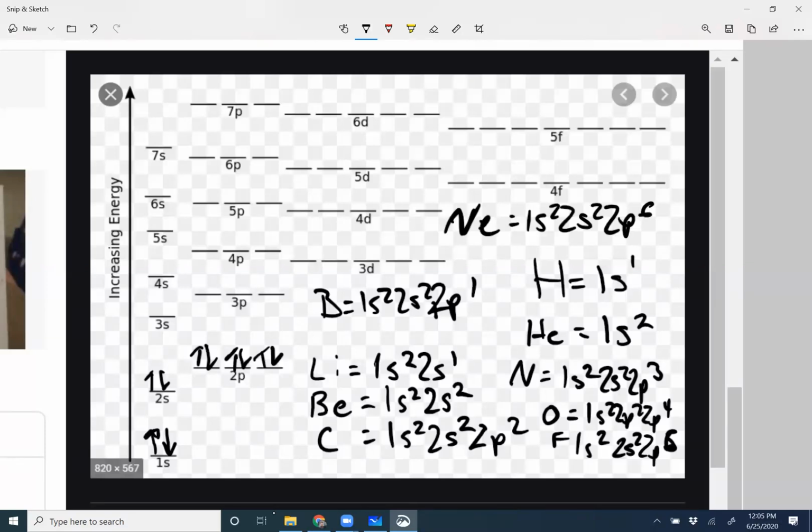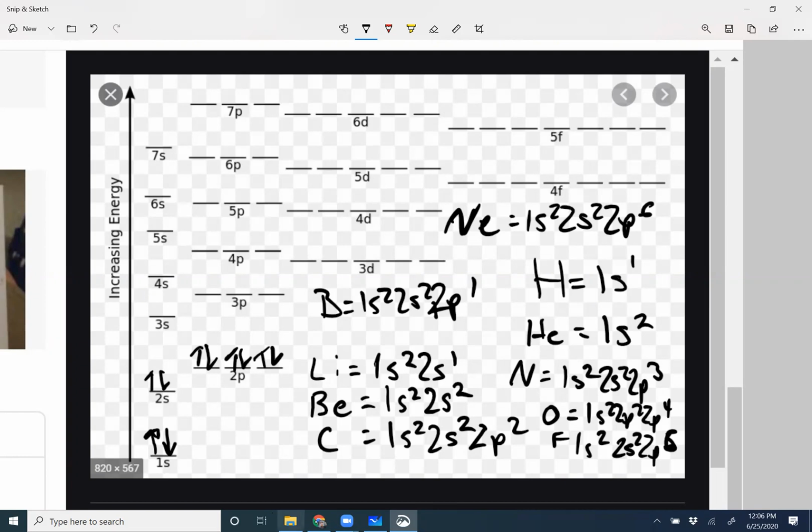Now we can just keep doing this forever and ever until we run out of atoms at 120 electrons. That would be the 7p6 way up there at the top, which is cut off because of the drawing here. But this is an electron configuration. This tells us where every single electron is on an atom.